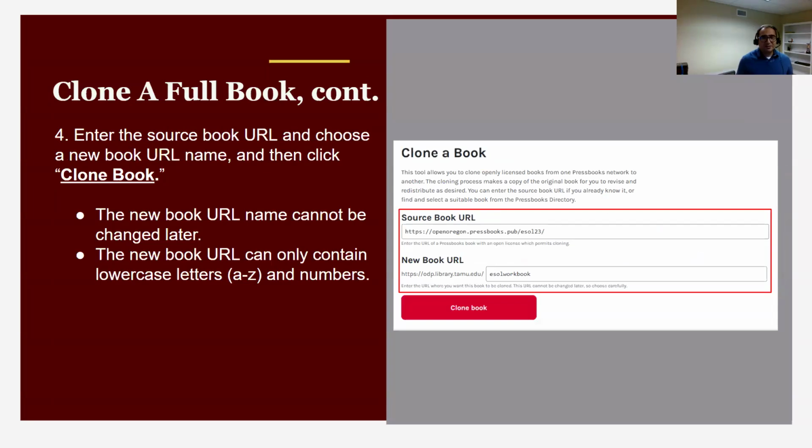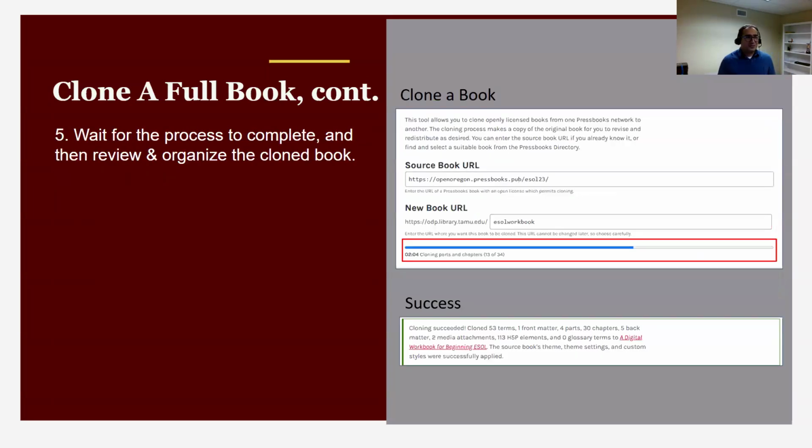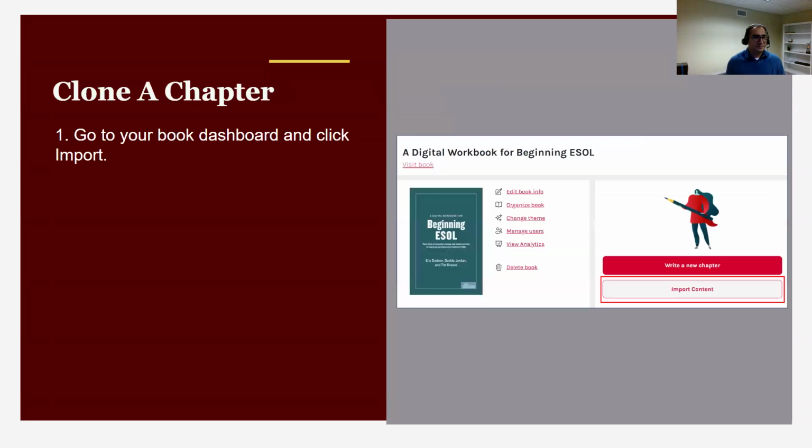And then pressing the clone book button, which gives you a progress bar, which shows you the content is being cloned part by part and chapter by chapter. And finally, at the end, you would see the success button when that process completes. All right, so this is cloning a book.